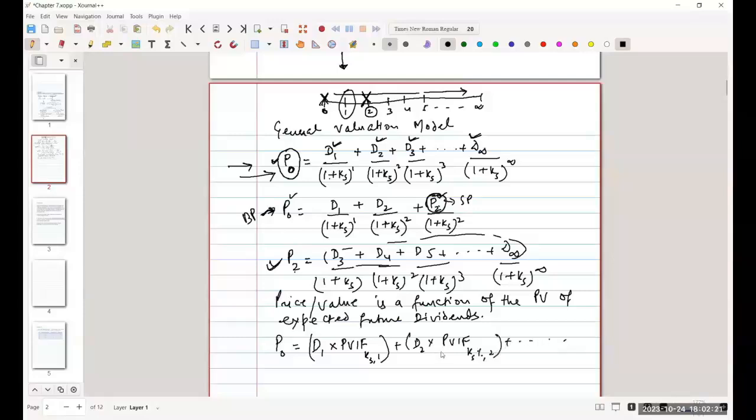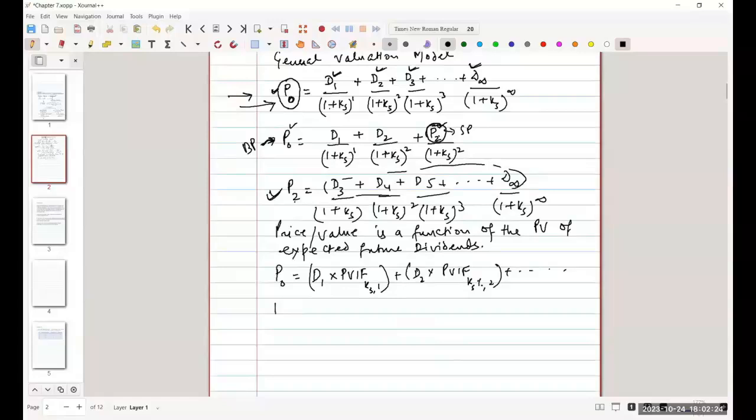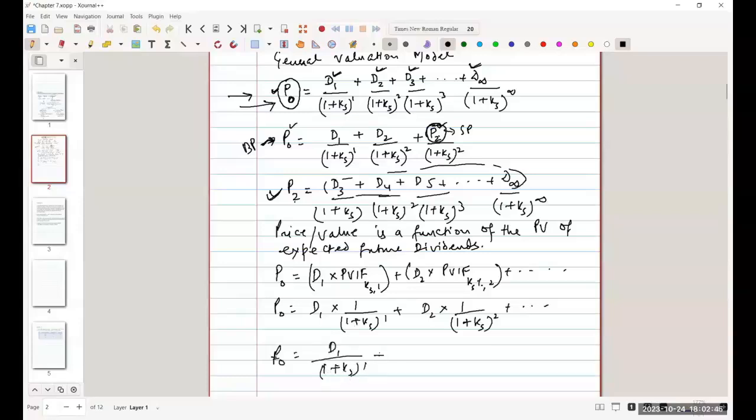This series will go on, where you know that this is nothing but D1 into 1 over 1 plus Ks to the power 1, plus D2 into 1 over 1 plus Ks to the power 2, and so on, and which can be again written as this: D1 over 1 plus Ks to the power 1, plus D2 over 1 plus Ks to the power 2, and so on. So you come back to the same place where we started from. So this is the same thing as this.